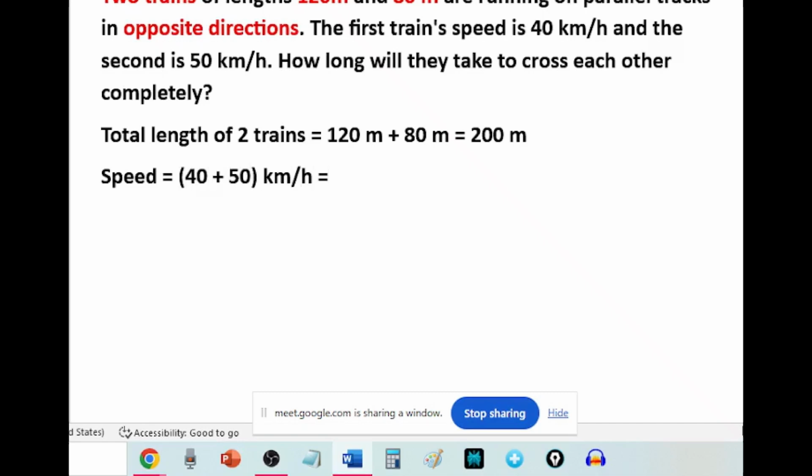How will you change to meters per second? 40 plus 50, how much? 90. How will you change to meters per second? Into 5 by 18. This will be meters per second.